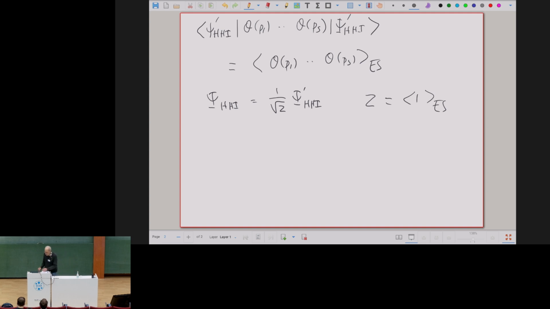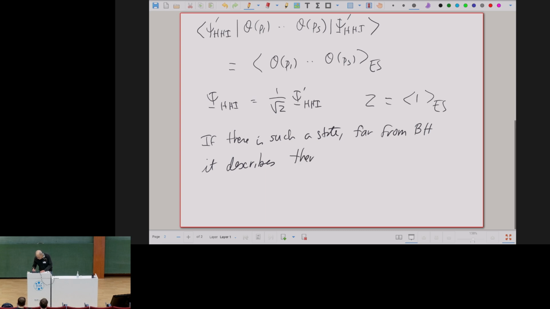Well, if there is such a state, then far from the black hole, it describes thermal equilibrium of radiation, which if in pure gravity would just mean gravitational waves, but maybe we have photons as well, at the Hawking temperature.